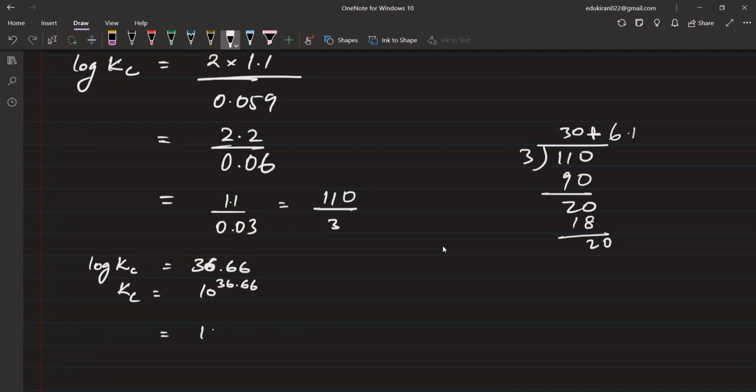This will be equal to 10 to the power 0.66 into 10 to the power 36. 10 to the power 0.66 किसके नजदीक हो जाएगा?